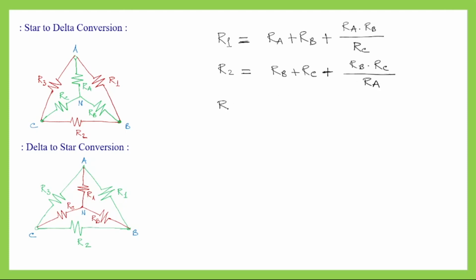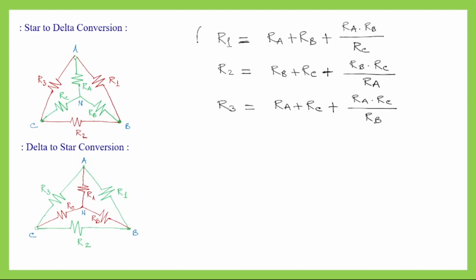And similarly, now you can understand what R3 could be. R3 will be RA plus RC, plus RA multiplied by RC divided by the resistance which is left, and that is RB.